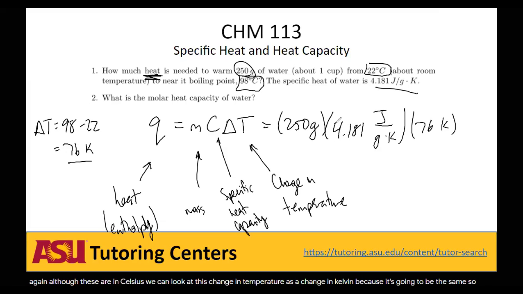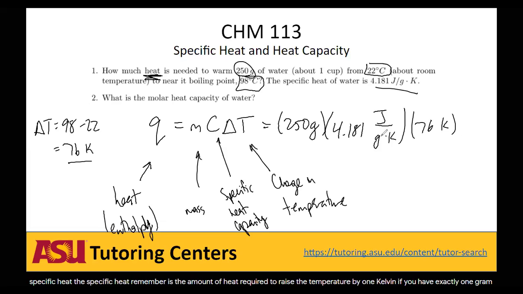The first thought I had when I saw the 250 grams was to convert it to kilograms, because kilograms are the standard mass unit in chemistry. But you can decide if you need to or not based on the specific heat. The specific heat, remember, is the amount of heat required to raise the temperature by 1 Kelvin if you have exactly 1 gram of substance.